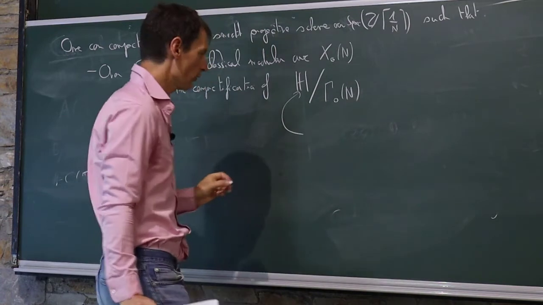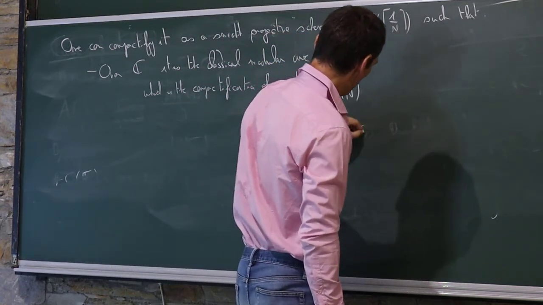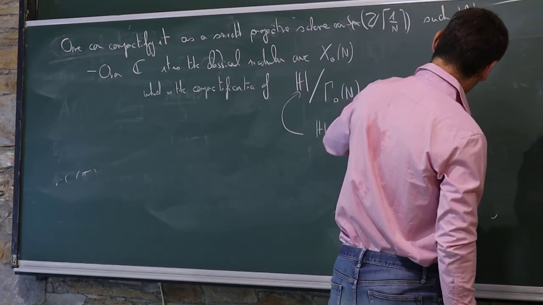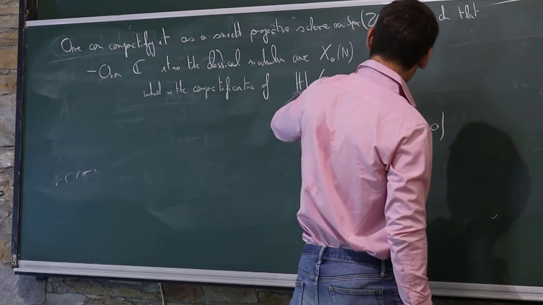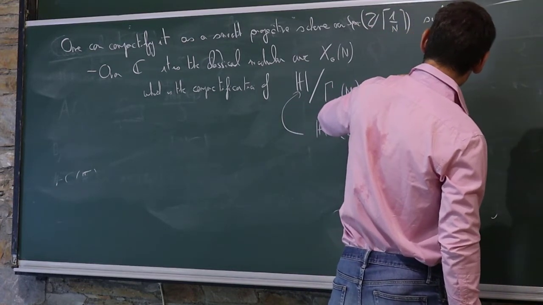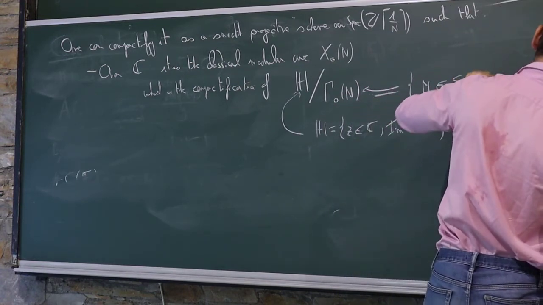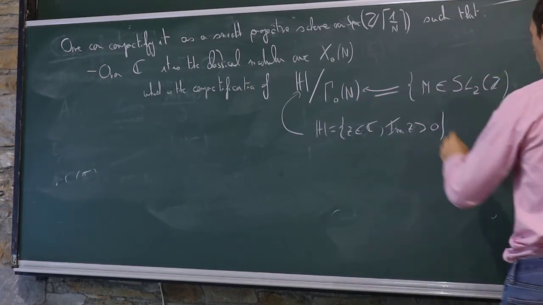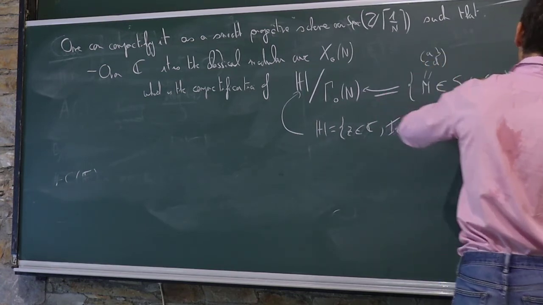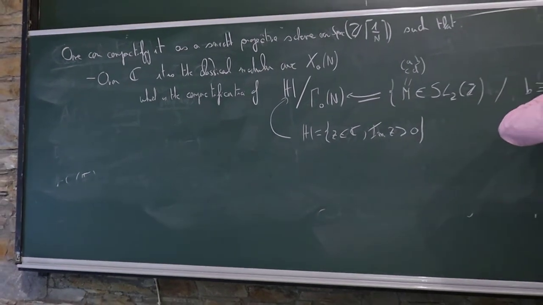As usual, H is the upper half plane, the z in C with positive imaginary part. And Gamma_0(n) is simply the subgroup of matrices in SL2(Z), with coefficients a, b, c, d, such that c is congruent to 0 mod n.